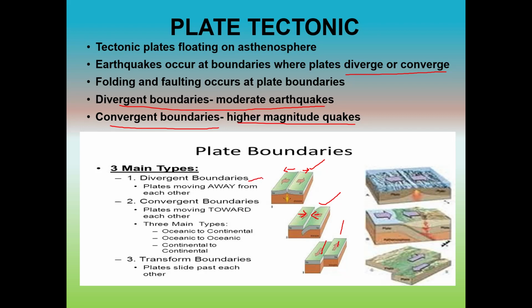Divergent boundary means plates are moving away from each other, for example, the Atlantic ridge. Convergent boundaries, that is, the ring of fire of Pacific areas, are oceanic to continental, oceanic to oceanic, continental to continental, even transform boundaries like plates sliding past each other.